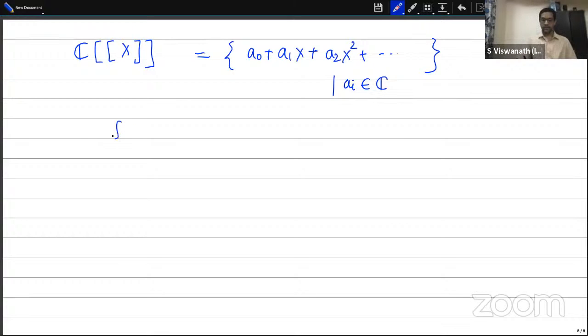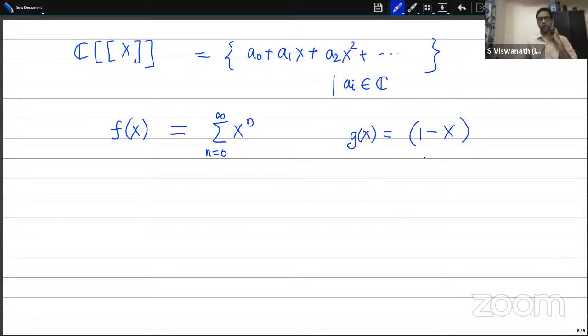Okay, so let me define two elements of this ring, two power series. So first I'll define f(x) as the sum of x^n, and let me define g(x) = 1 - x. Okay, 1 - x is a polynomial. It doesn't have coefficients beyond x, but that's still an element of this ring, right? So this is a formal power series. This is also a formal power series.